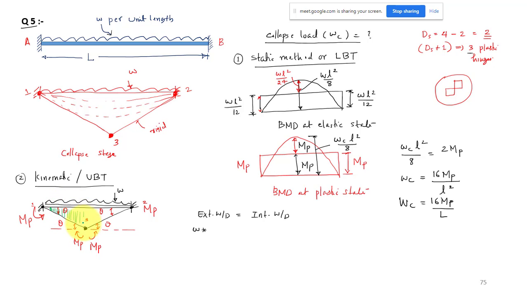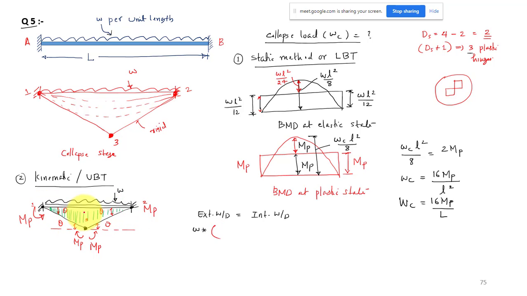So that means if you have a UDL in the entire span, how will you get the external work done? All this delta, if you take, is finally the area of this triangle. That is why for the UDL we can find the work done is equal to the intensity of UDL into the area of this deformed shape.